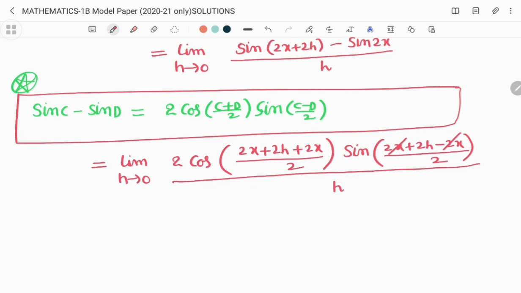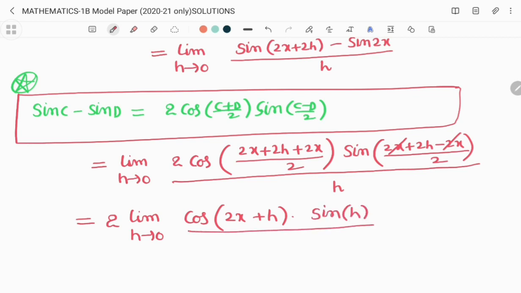Minus 2x plus 2x get cancelled. So the constant 2 we can take outside, and limit h tends to 0, cos of 2x plus 2x, 4x by 2, so 2x will come. 2h by 2, h, into sine of h, divided by h.